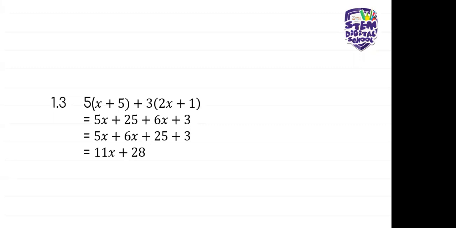The only things that have the same value here are the simplified version, 11x plus 28, and the original expression, which is 5 open bracket x plus 5 close bracket plus 3 open bracket 2x plus 1, and then you close your bracket.